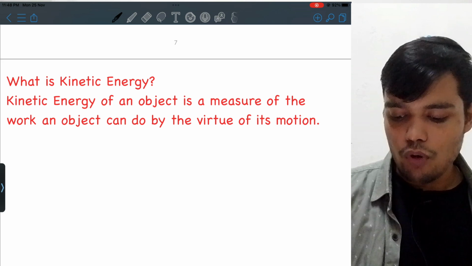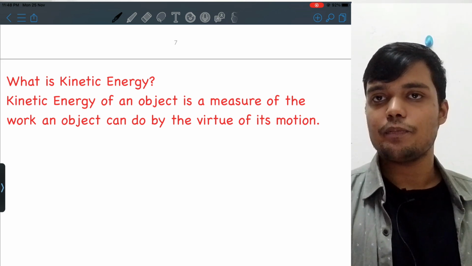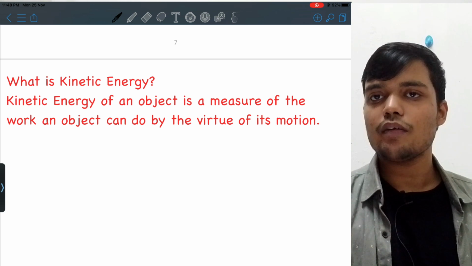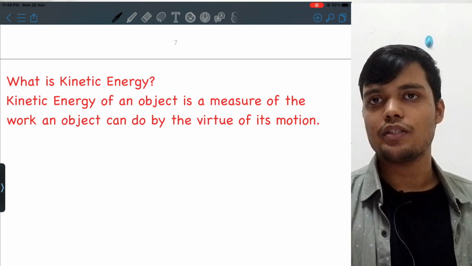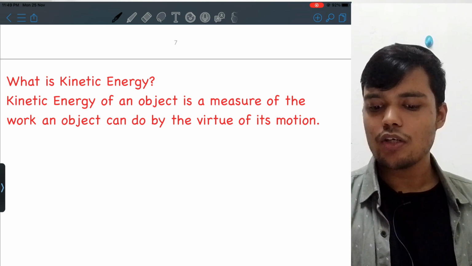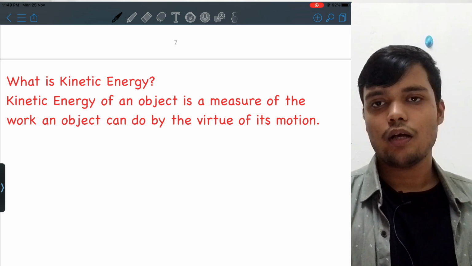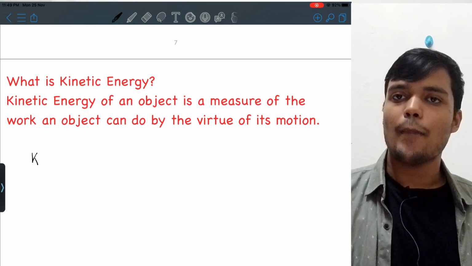Moving forward, the next part is energy. Here, energy refers to kinetic energy. What do we mean by kinetic energy? Kinetic energy is a measure of work an object can do by virtue of its motion.